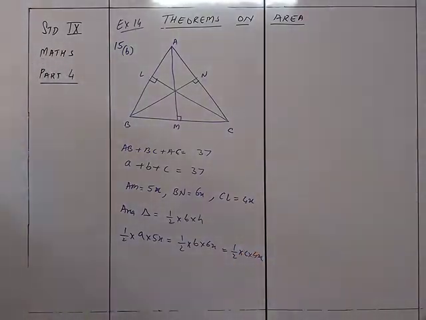This is what we have got. Right? And we also know that A plus B plus C is equal to 37. Fine. Now what?